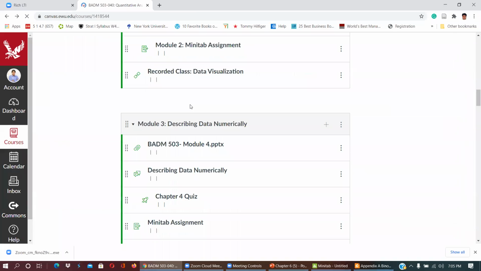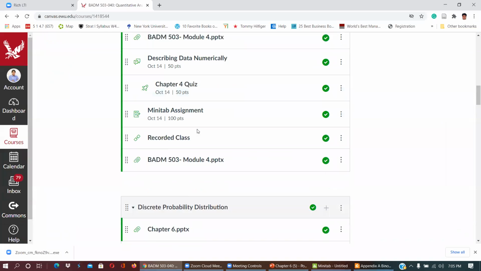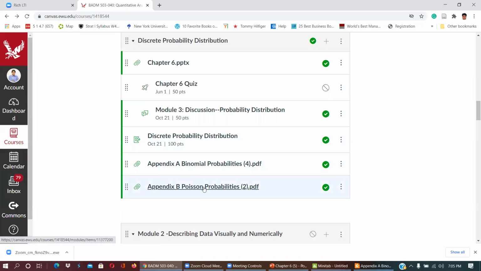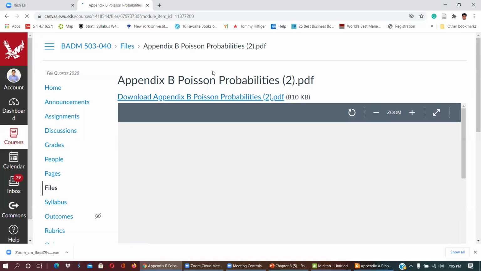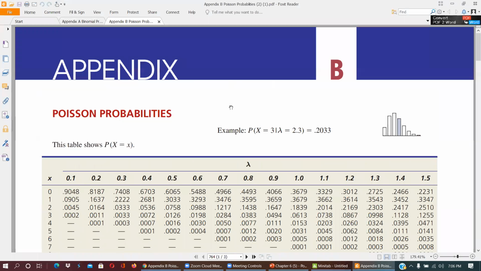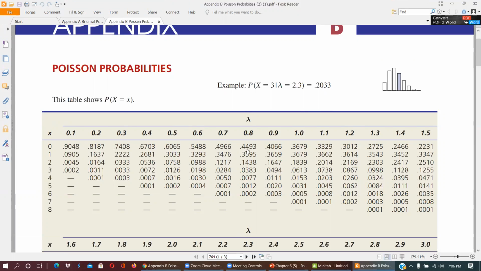Look into the table. Where is the table? So this is a Poisson distribution. Can you see this? What is the important factor in this?